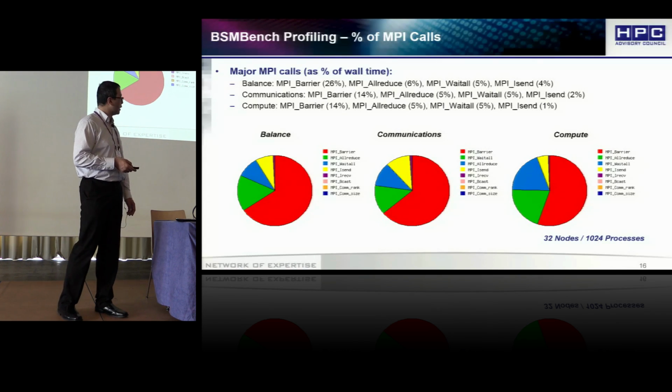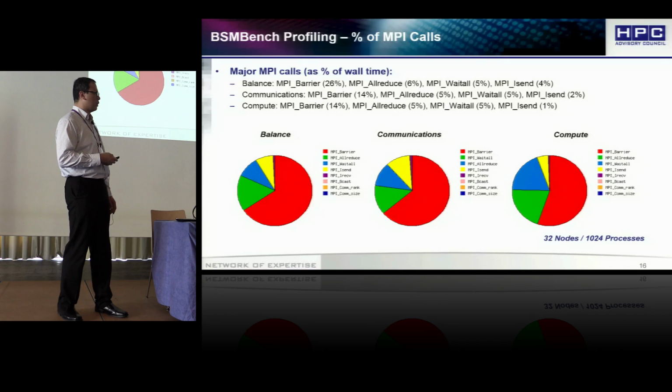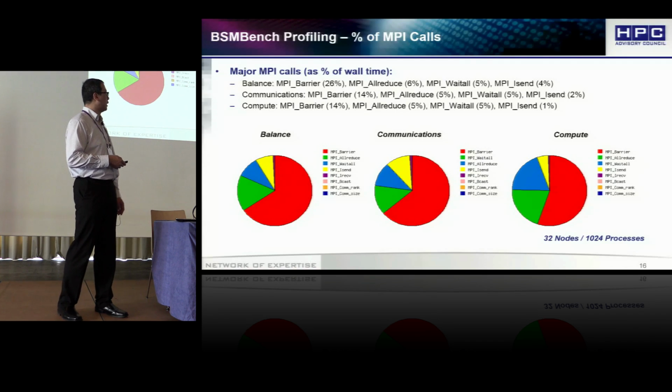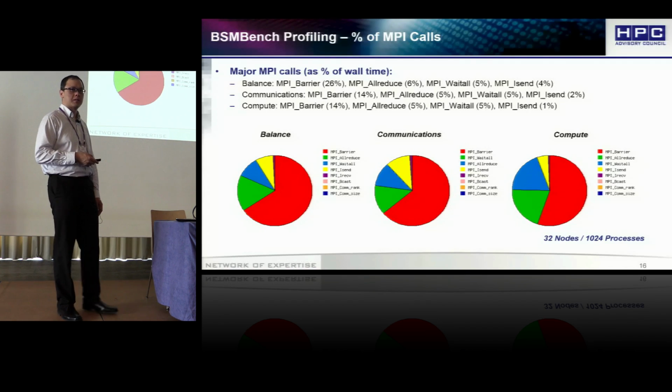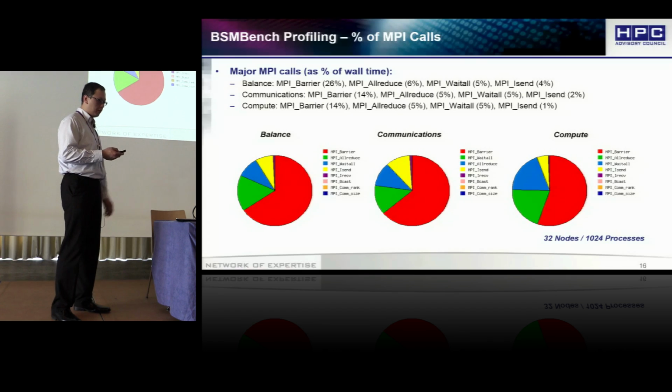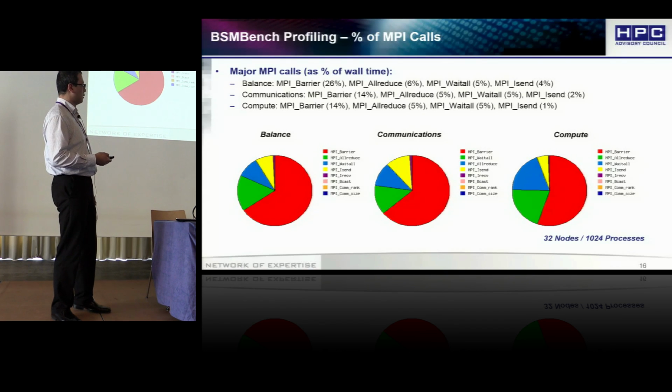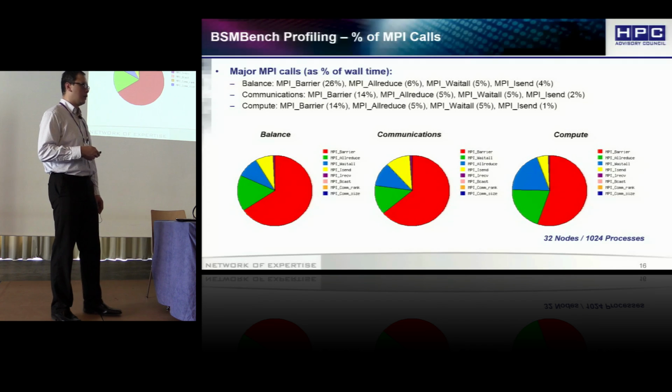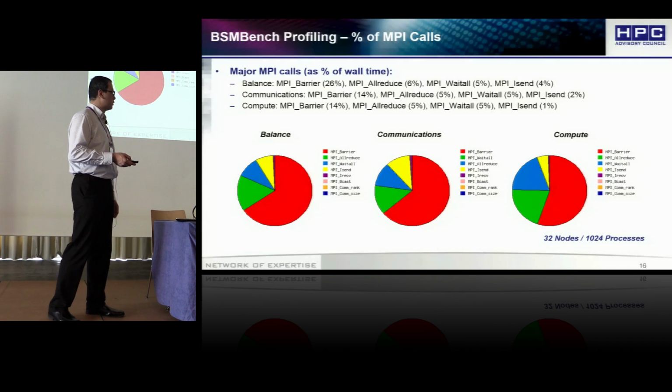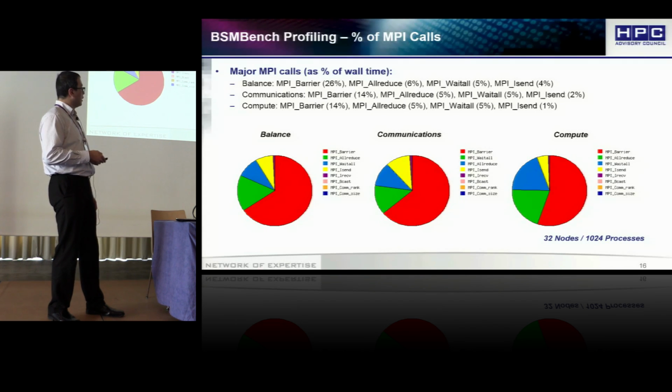We do find that all three of these show pretty much the same communication happening under the hood. So a lot of time is spent on variant or reduce, which are also very time consuming because they are collective operations. We were running this profile on 32 nodes, and as we scale to a higher node count, the communication pattern may change.